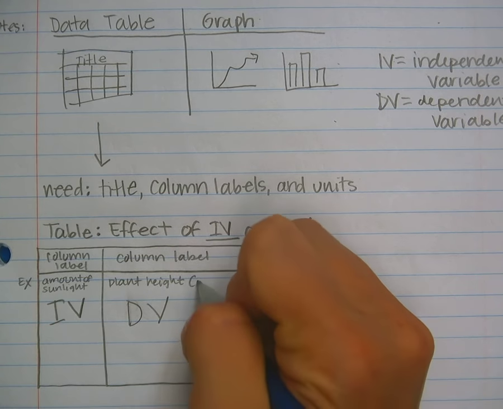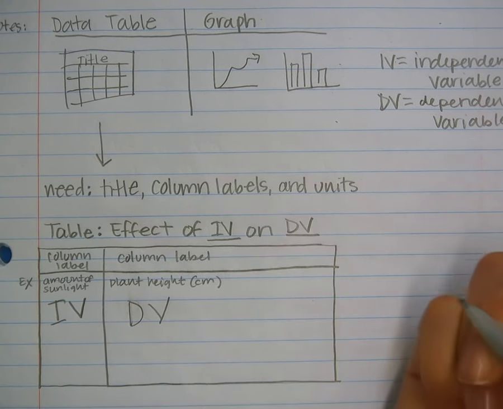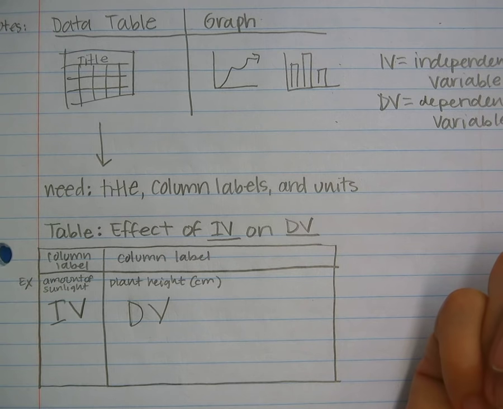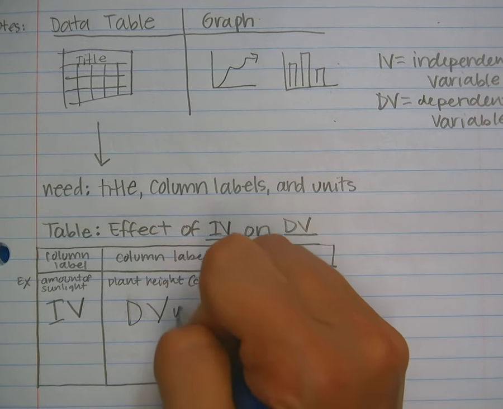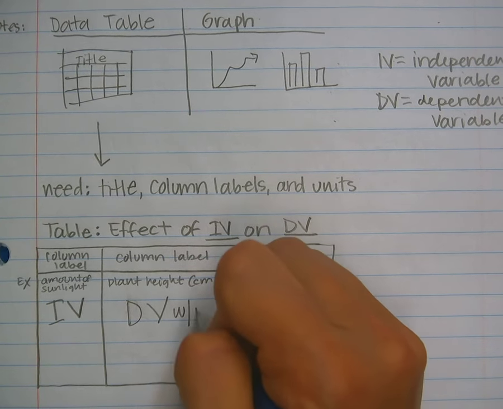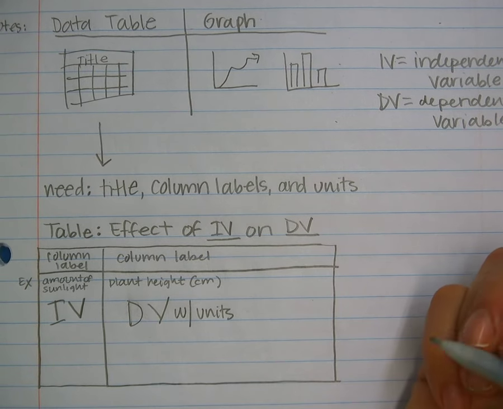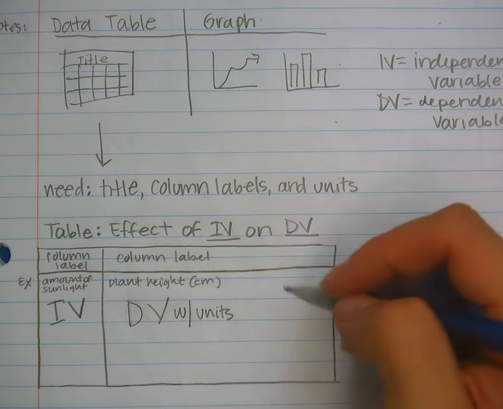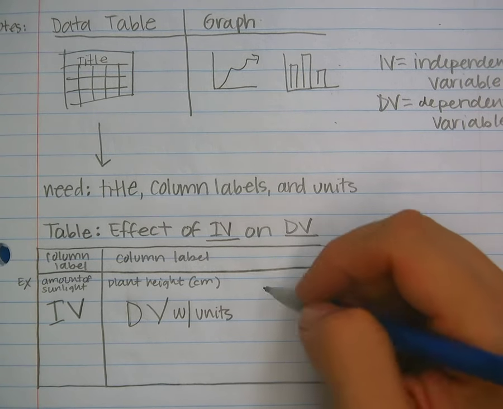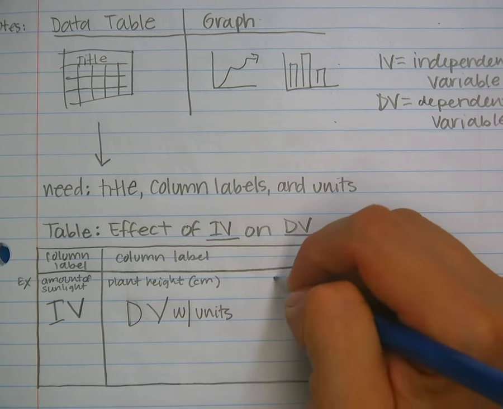Then after that, I would put the unit in parentheses. So cm would be our units. Usually at the end is where you'd have calculations.